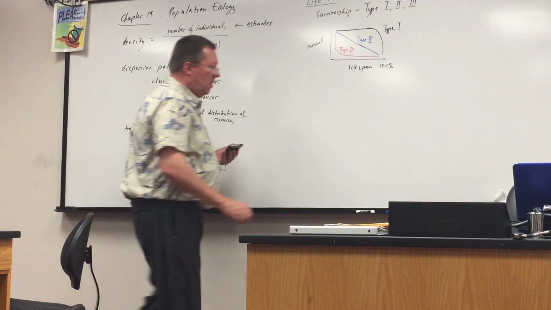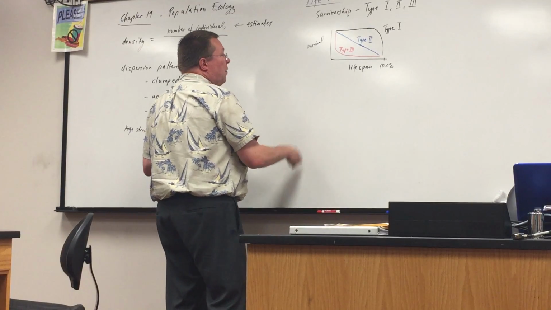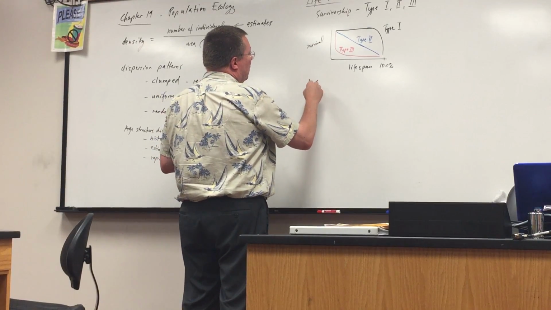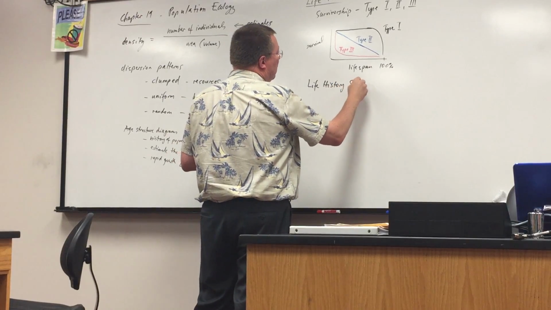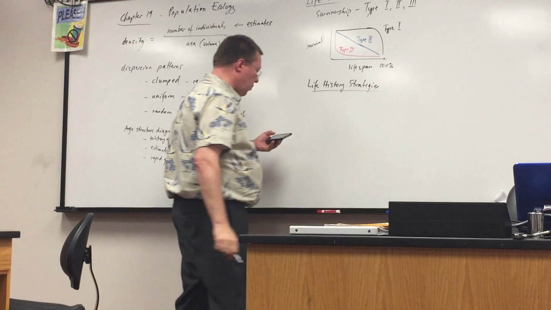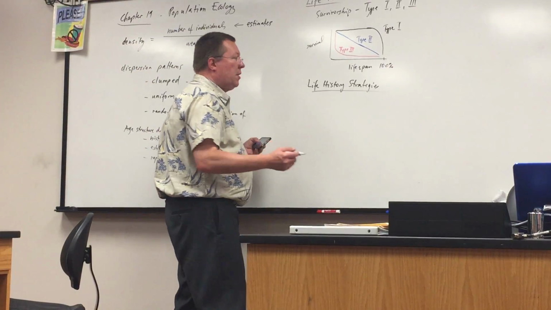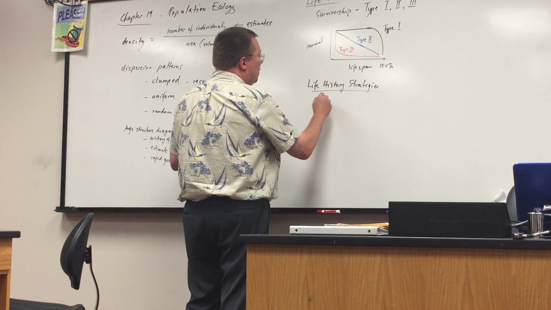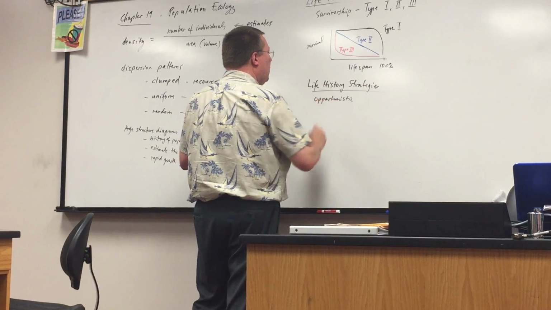Now, as part of being an organism, you can display a variety of life history strategies. What's going to be best for you? Well, in some cases, maybe an opportunistic life history is the best.